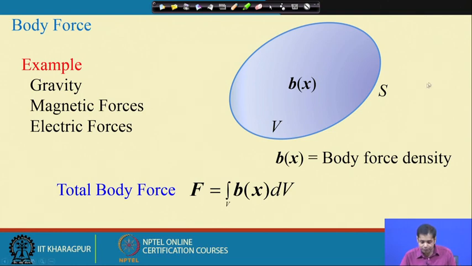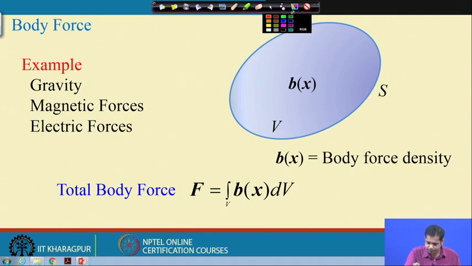So if the body force density is Bx for a given arbitrary three-dimensional object with volume V and surface S, the boundary of this object is represented by S, and Bx is the body force density.